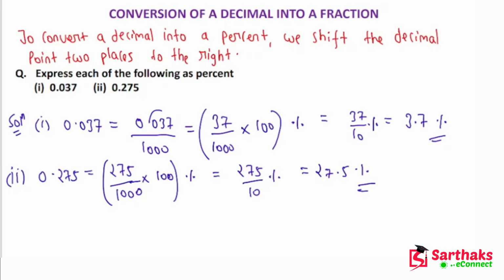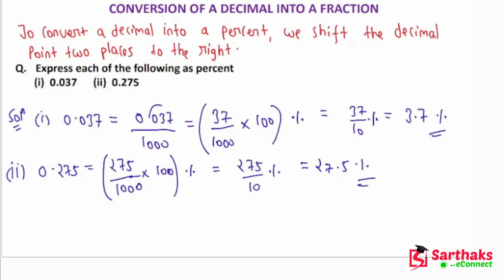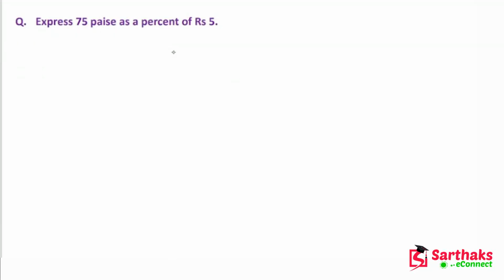Okay, so let us start with a question: express 75 paise as a percent of rupees 5. The question is very simple. We have to express 75 paise as a percent of rupees 5. Obviously you know that 1 rupee is equal to 100 paise. So first of all we have to convert rupees 5 into paise.